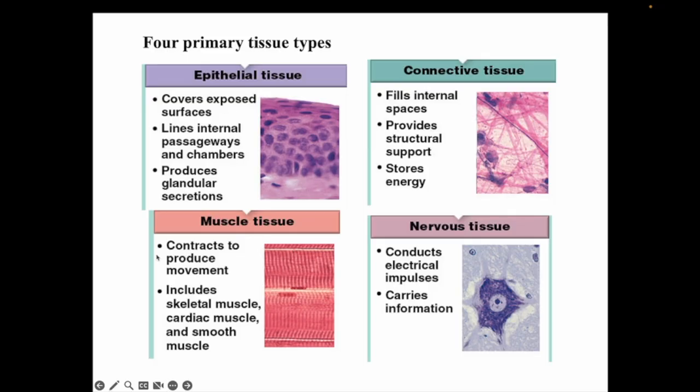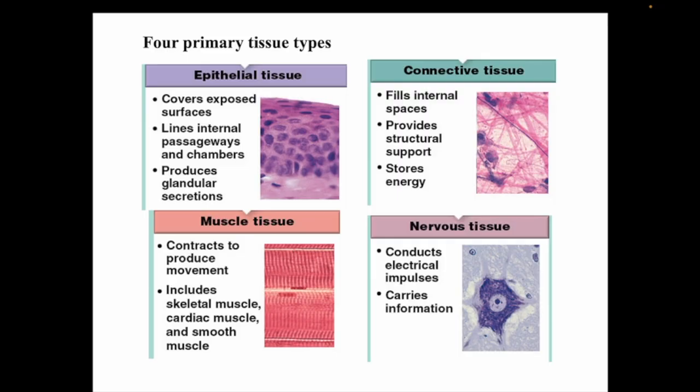But the epithelial tissues are tissues for lining. So every time we think about something being lined, either from the outside or from the inside, we think about epithelial tissue. We will talk about a specific type of epithelial tissue that is associated with glands, and that is also an organization that consists in great part of epithelial tissue.